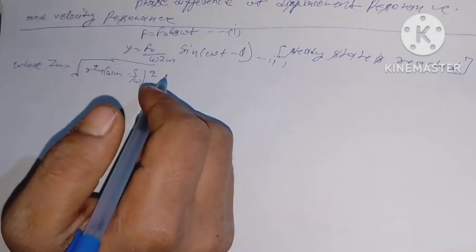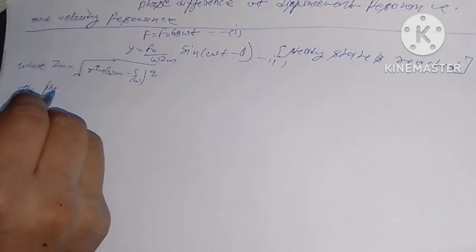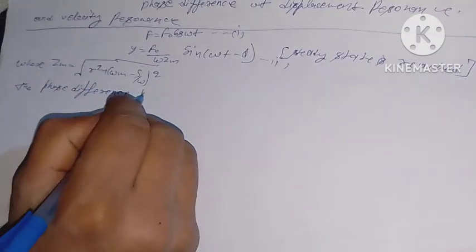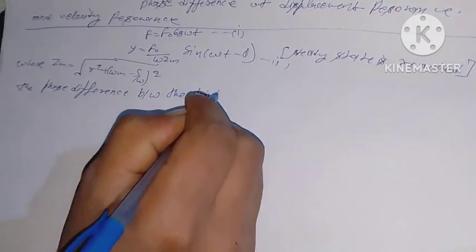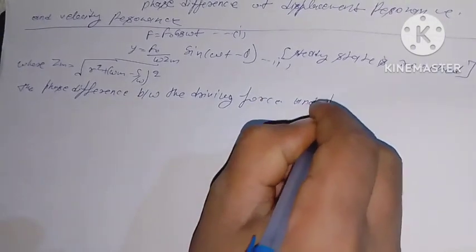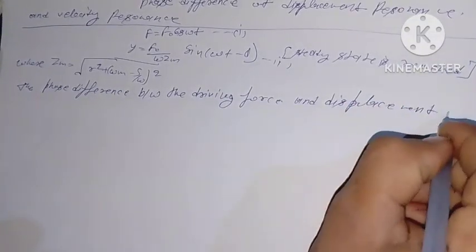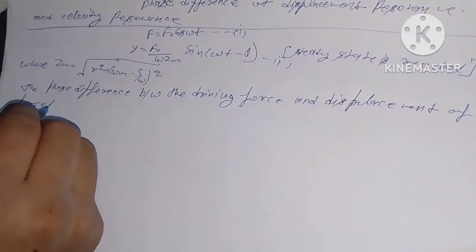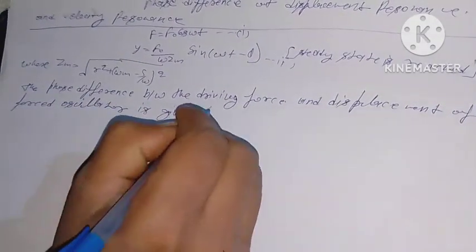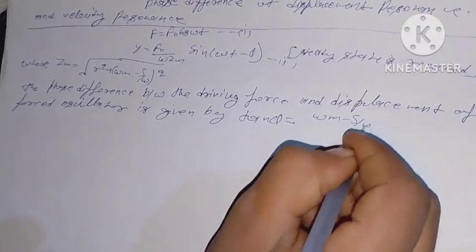The phase difference between the driving force and displacement of a forced oscillator is given by tan phi equal to omega m minus s by omega, by r.